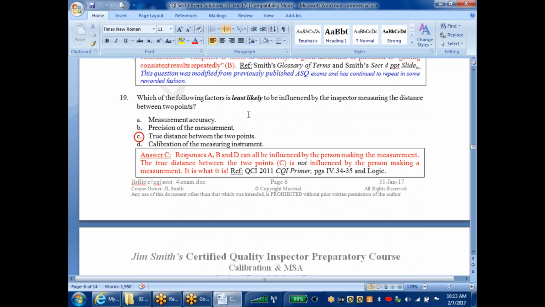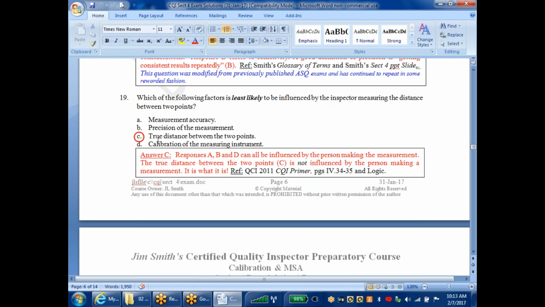19, which of the following factors is least likely to be influenced by the inspector measuring the distance between any 2 points here? Least likely is not exactly a negative, but it can be treated that way in that you're looking for the outlier, the one that doesn't make sense, that doesn't fit the pattern.